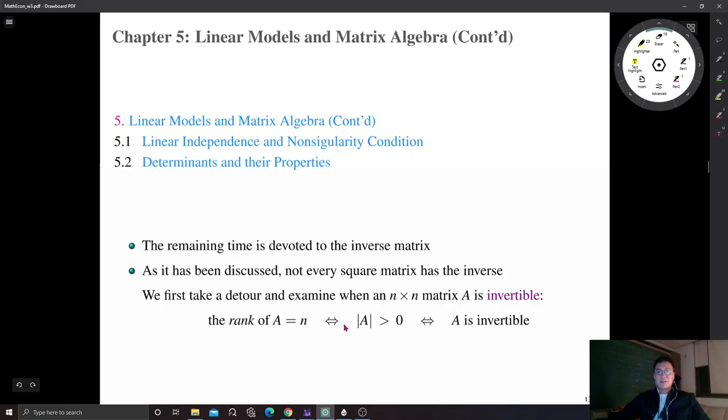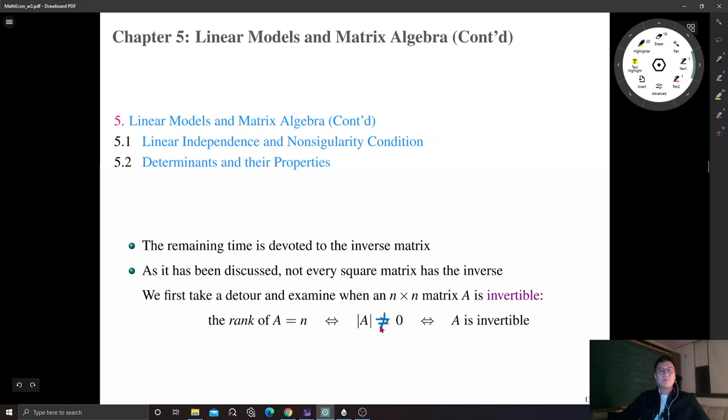And we are going to establish a very important theorem. We are going to give two necessary and sufficient conditions under which matrix A is invertible. The first one is that the rank of the matrix is equal to n. And the second condition is, this is a typo, the determinant of A has a non-zero value.